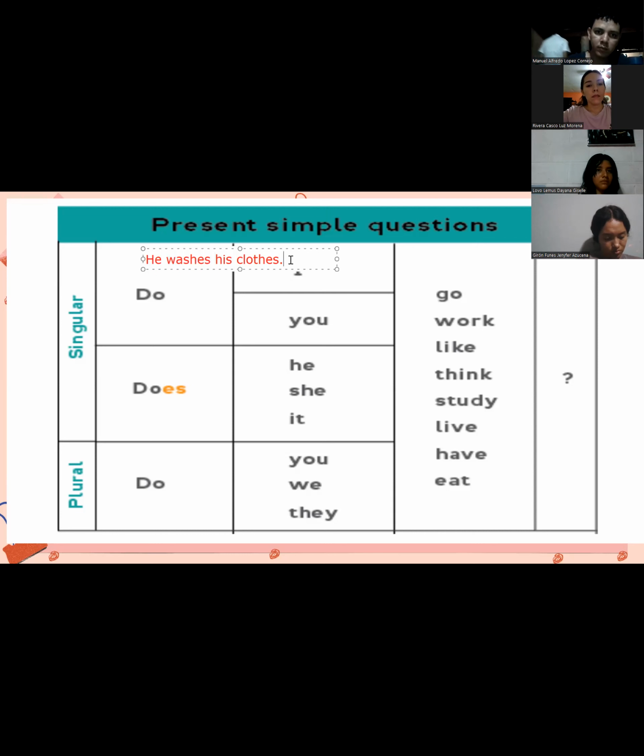But when we are asking a question, we need the auxiliary, okay? For example, imagine that I have here, he washes his clothes. Now, if I want to change this into a question, I am going to start with the auxiliary. So what is the correct auxiliary? Does, okay?